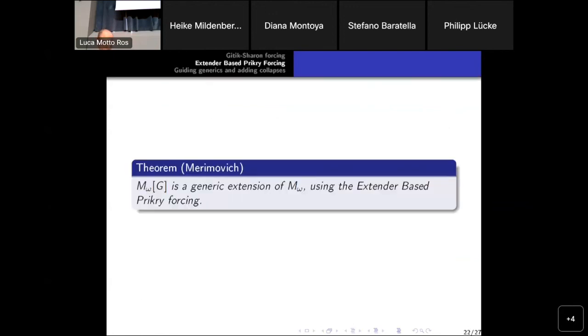And this is the right forcing. M omega of G, the model that we defined, is really a generic extension of M omega using this extender-based forcing as defined in M omega. Questions so far?